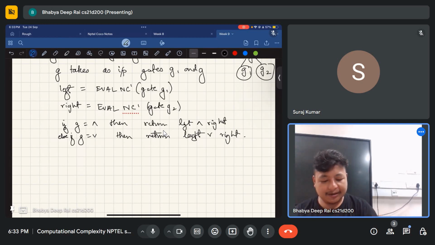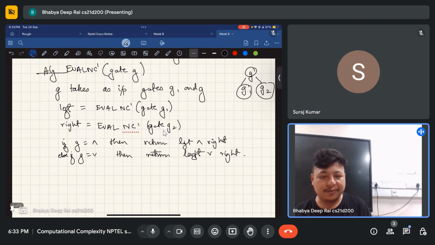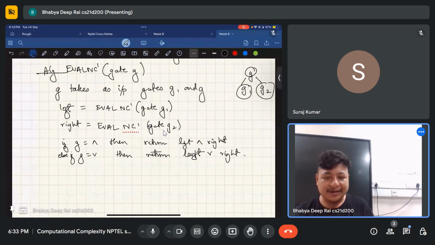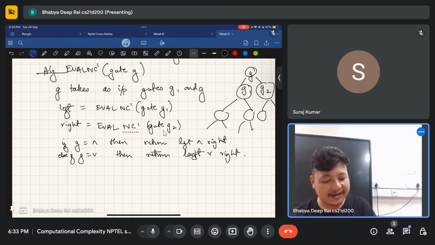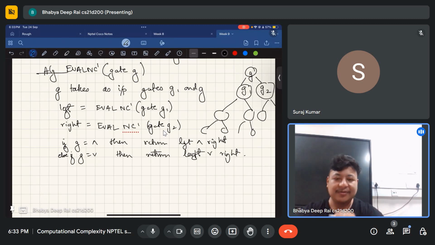There should be some kind of evaluation happening in between also, because the problem with doing this in the straightforward way is that I need to remember too much information. How much information do I need to remember during the recursion? Well, g1 itself will return some values, g2 itself will return some values, and so on, and I'll need a polynomial number of bits to remember the information for each gate.